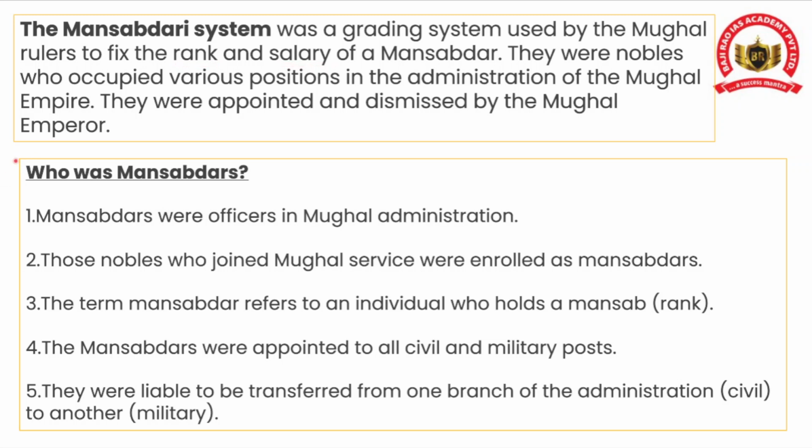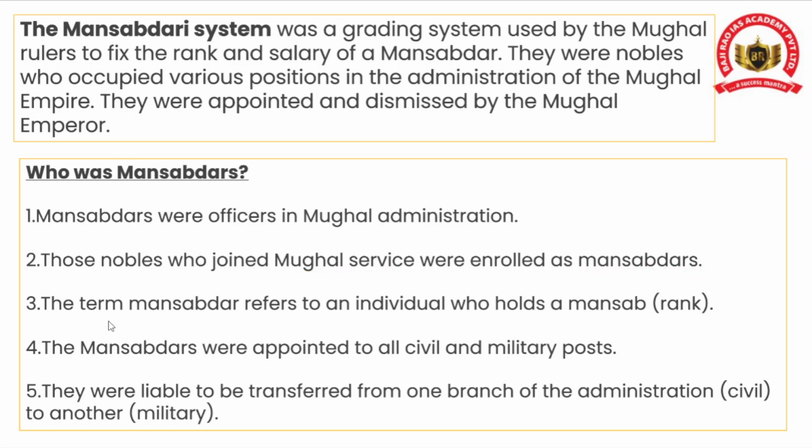Now, who were Mansabdars? Mansabdars were officers under the Mughal administration, nobles in the administration of the Mughal Empire. Those nobles who joined Mughal service were first enrolled as Mansabdars.